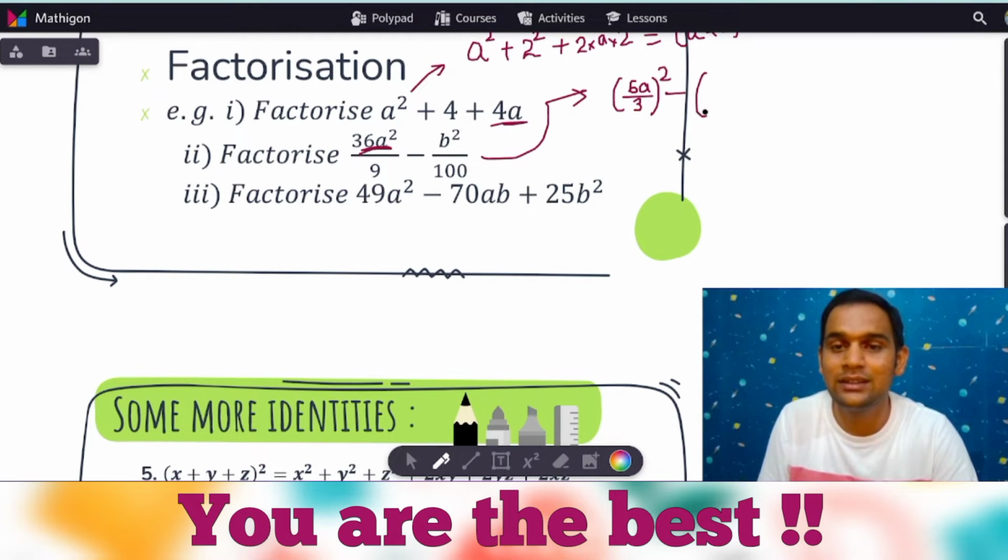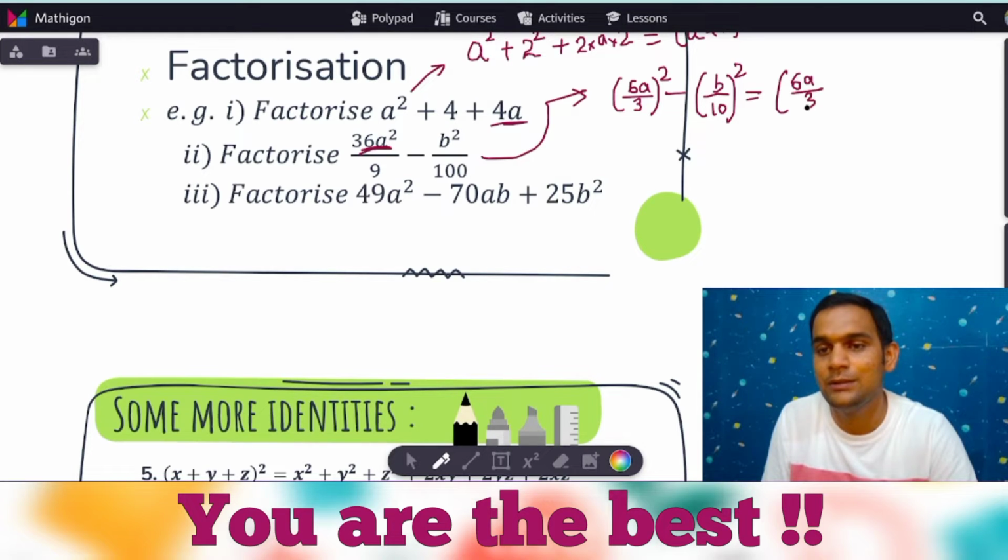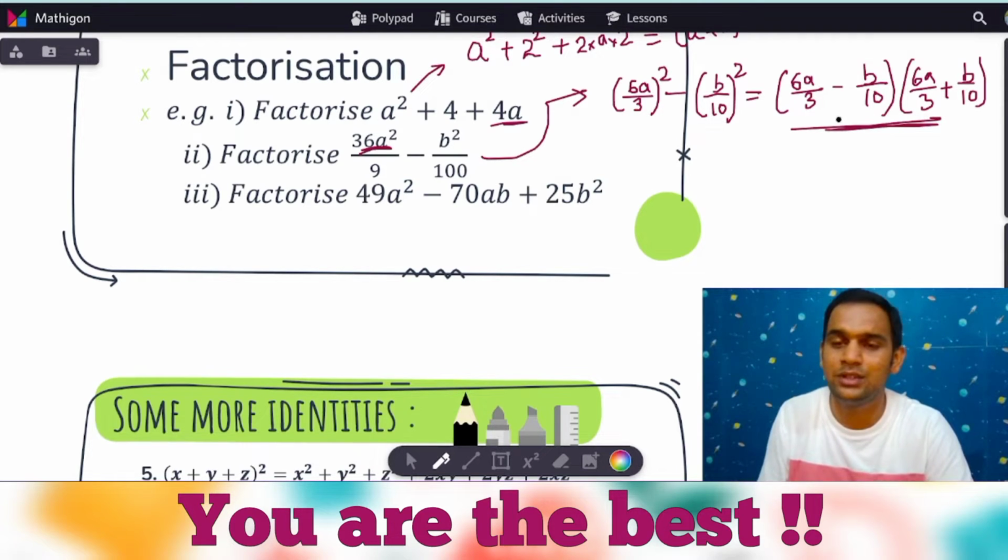Similarly, we can write this one as (b by 10) the whole square. So now we have x squared minus y squared. So we get the factors as (6a by 3 minus b by 10) multiplied by (6a by 3 plus b by 10). I hope that makes sense. Yes, so this is how we do this problem. That is one such example.